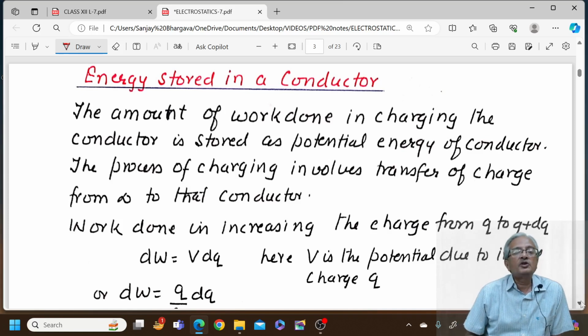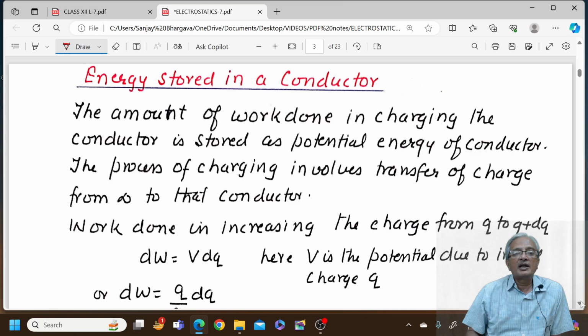Now we need to calculate what is the energy stored in a conductor. Now, how do we charge a conductor? The amount of work done in charging the conductor is stored as potential energy of conductor. The process of charging involves transfer of charge from infinity to that conductor.